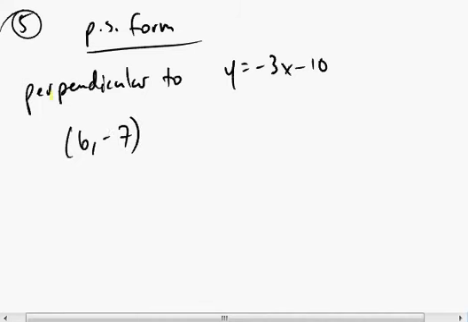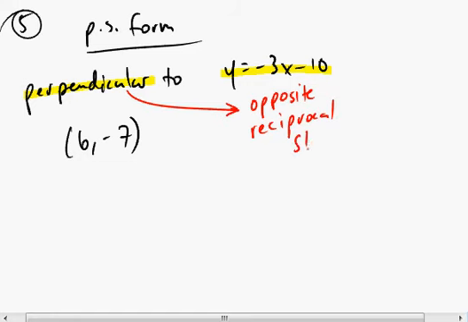So you got to remember, there are 2 lines here. There's our line we're trying to write the equation for, and there's this other line that ours is perpendicular to, right? Perpendicular means our line has the opposite reciprocal slope of this line, right?